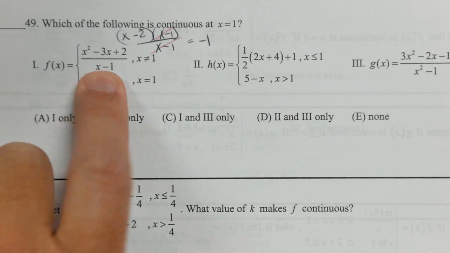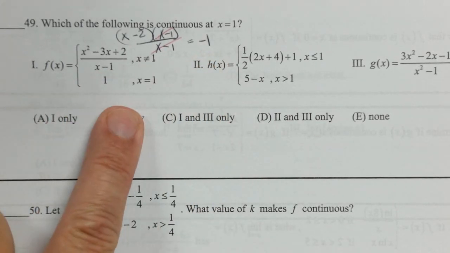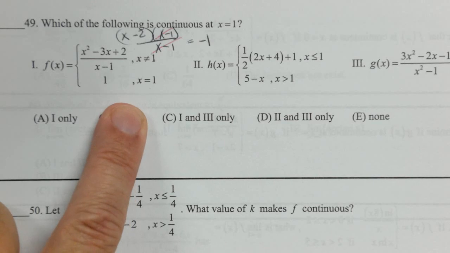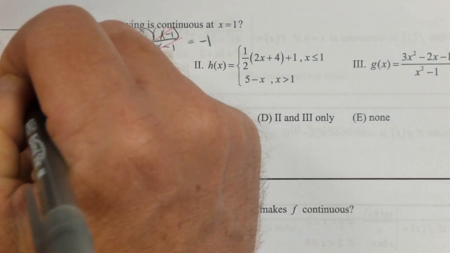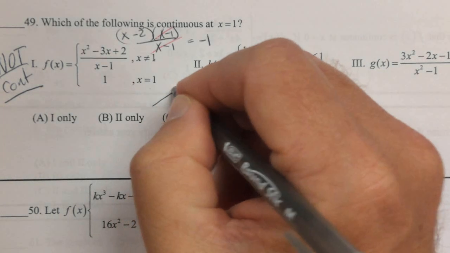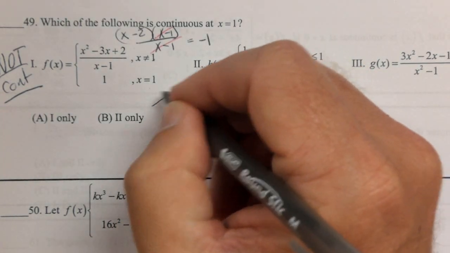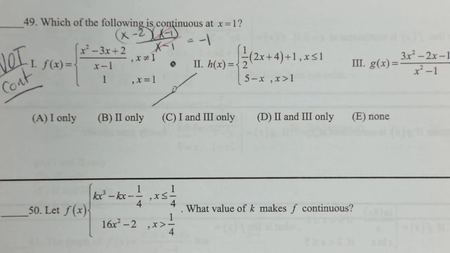So that top graph has a hole at -1. The bottom part does not fill the hole in, so this thing is not continuous. If we tried to graph it, there'd be a hole there at -1, but the dot is at +1, so yeah, that doesn't work. They didn't fill that in right.